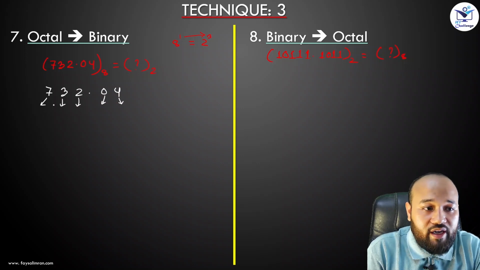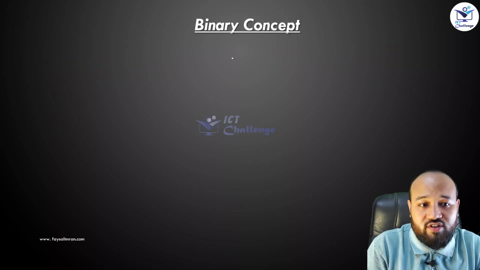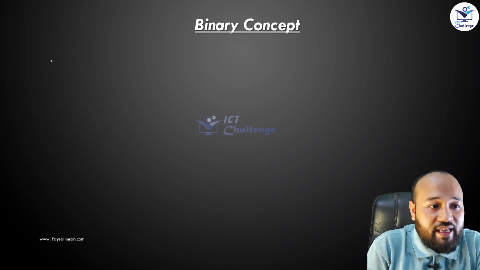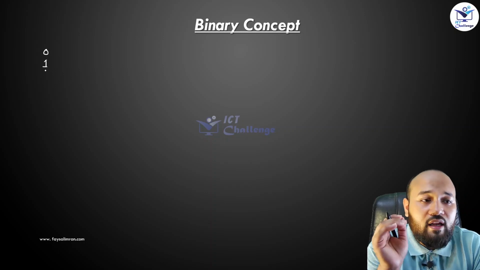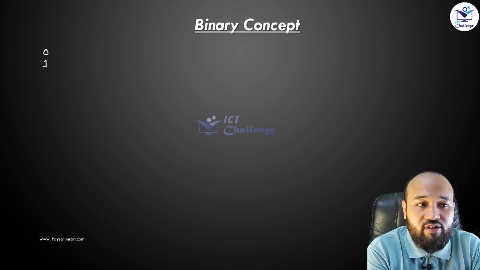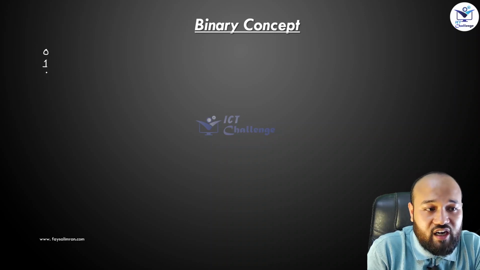Okay, so how can we know what the binary of 7 is? At first we have to learn the concept of the binary number system. We have 0 and 1. In our daily life we don't have any digit except 0 and 1. So what will be the next digit after 1?